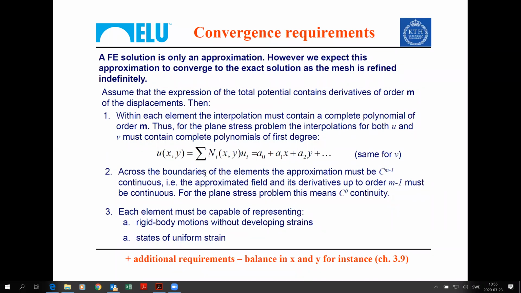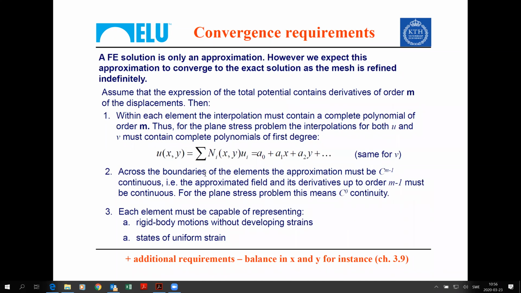Can we use anything to approximate the displacement? And then it turns out that there are some conditions that the form functions need to fulfill. And these conditions are the ones given on the slide.